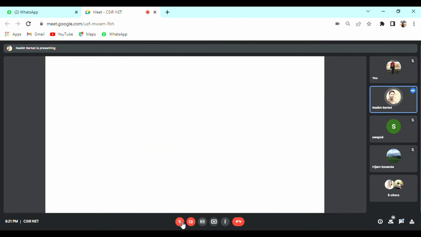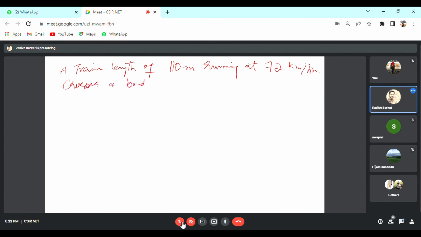Now let's solve another question very quickly. A train having a length of 110 meters, running at 72 kilometer per hour, crosses a bridge which is 130 meter long.